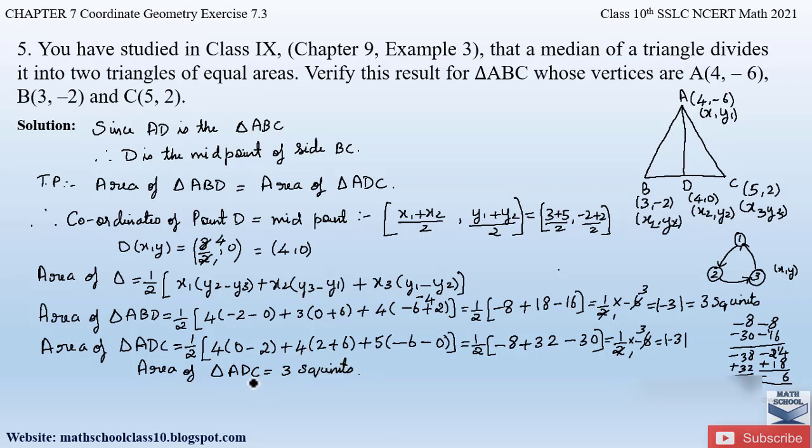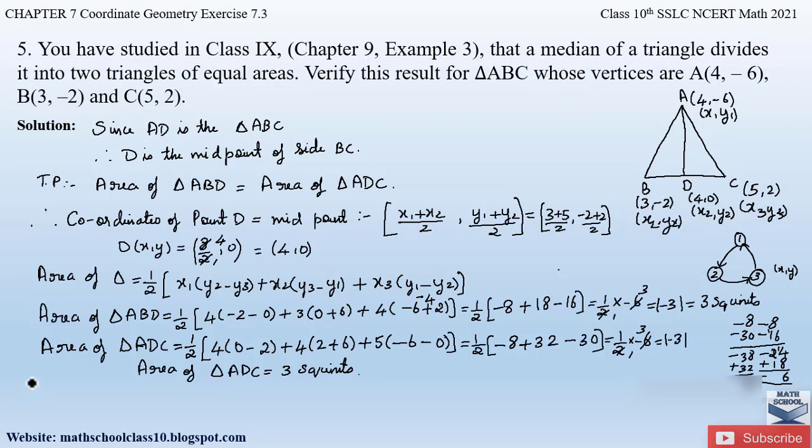So here we can observe clearly that the area of triangle ADC is 3 square units and the area of triangle ABD is also 3 square units. Therefore, hence we can say that the median of a triangle divides it into 2 triangles of equal areas, right?